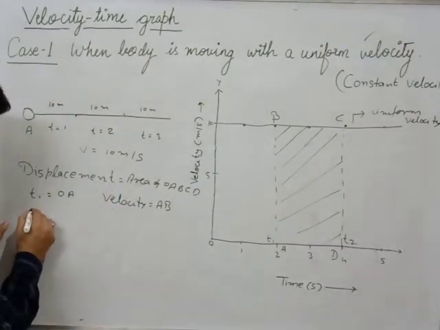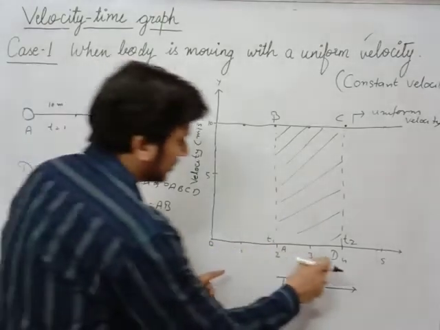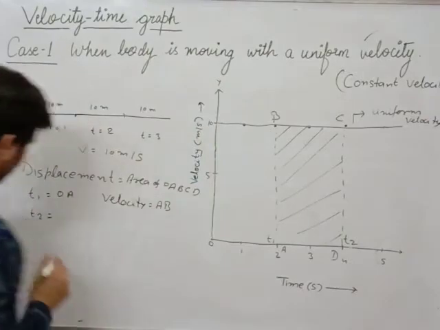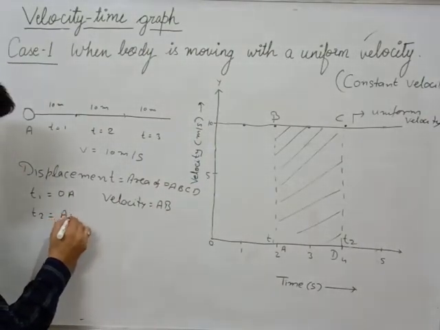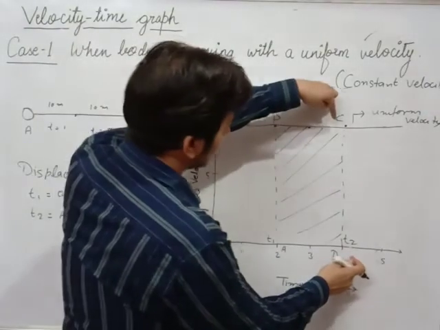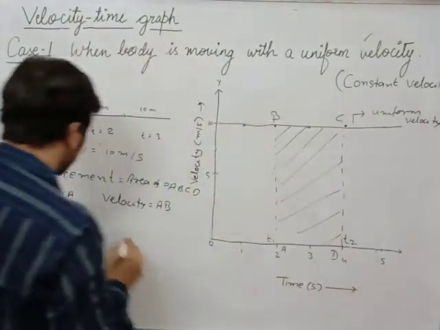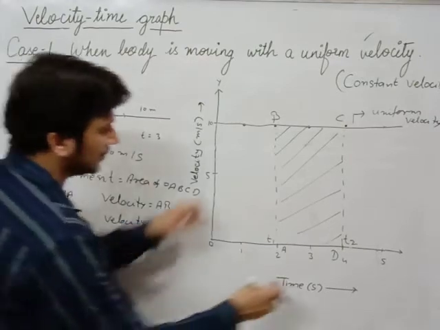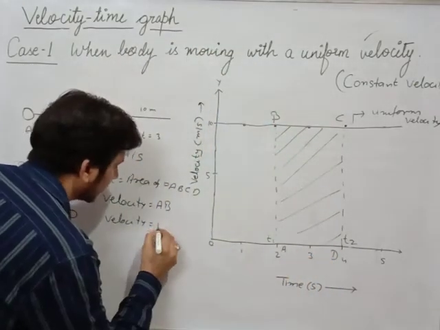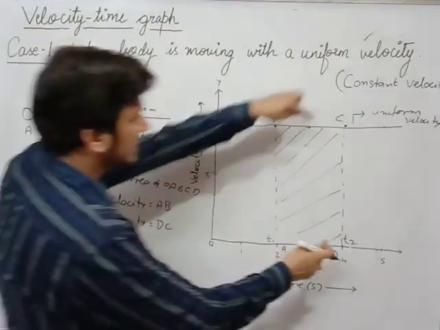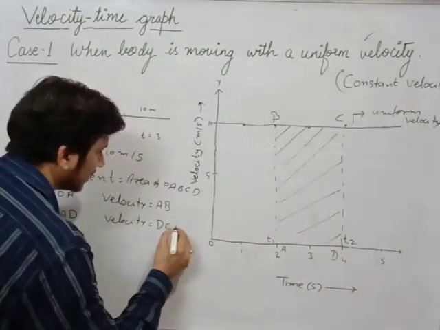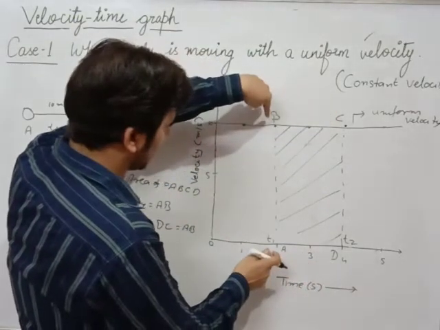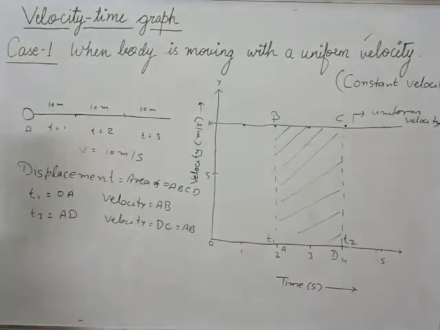Now t2 equals OD, and the velocity after t2 equals DC, and DC equals AB, and AB equals 10 meters per second.